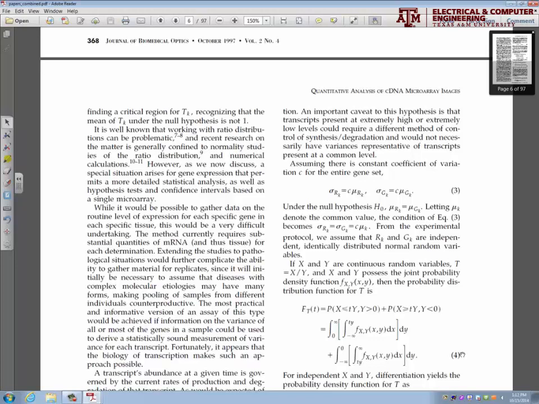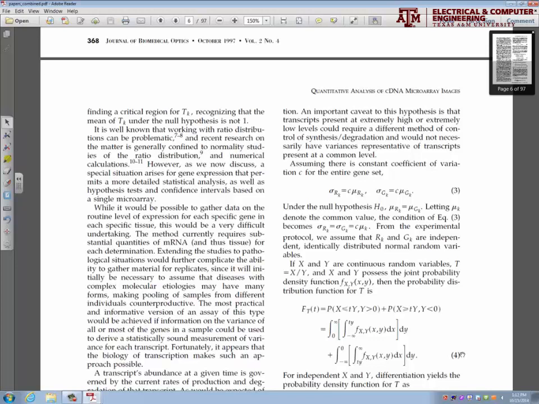Now you've also made the assumption that capital X and capital Y are independent. So that means you can break these up: this joint density you can write as f_x of x times f_y of y. Furthermore, to get the density function, since this is the distribution function for the ratio, you take the partial derivative with respect to t. When you do that, first of all, this ty gets plugged into the x location, and then differentiating with respect to t, you get a y coming out.